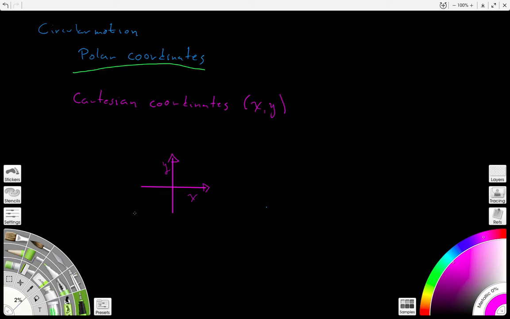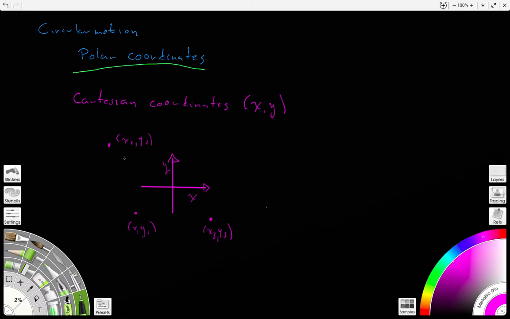So a point here would have coordinates x1, comma y1. A point here, for example, would have another pair of coordinates x2, y2. Another point here would be x3, comma y3. So in the Cartesian coordinate system, you need two variables, x and y, in order to figure out a point within the space, okay? x is the horizontal distance from the vertical axis, and y is the vertical distance from the horizontal axis.